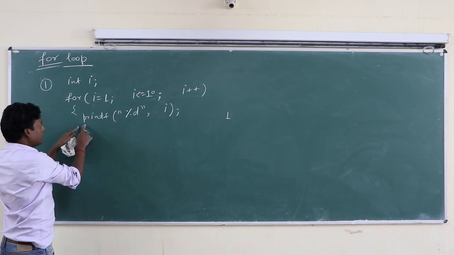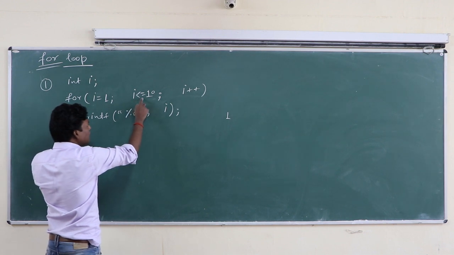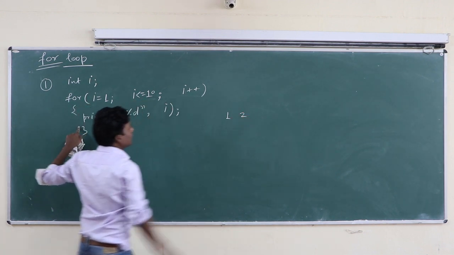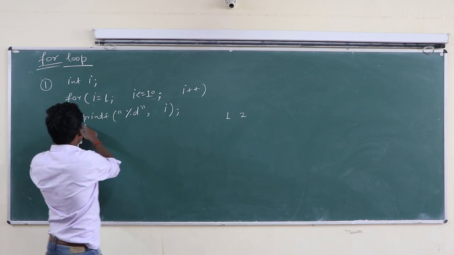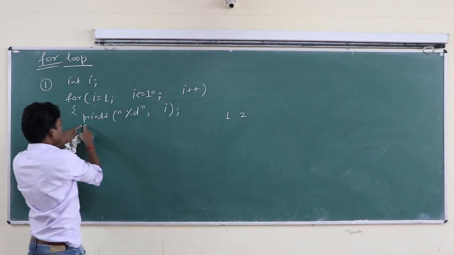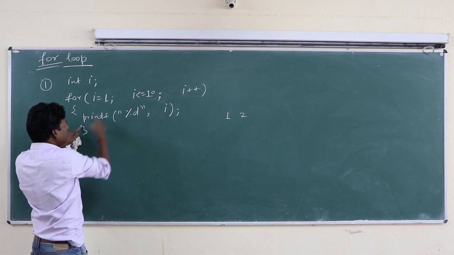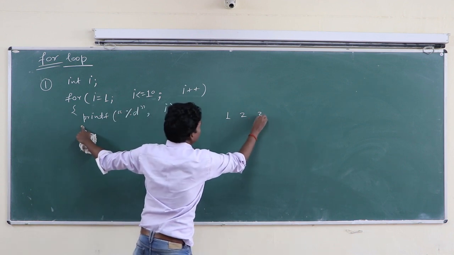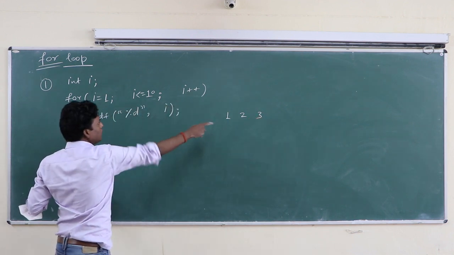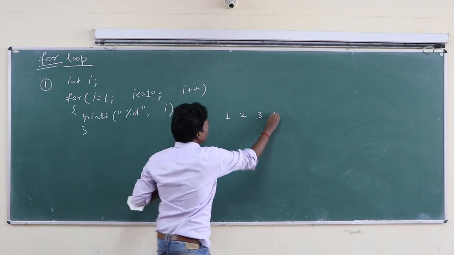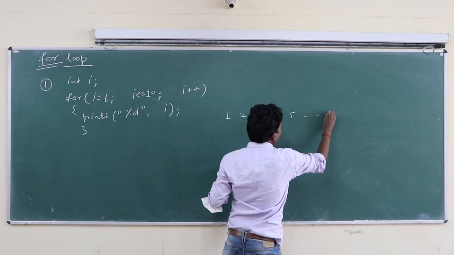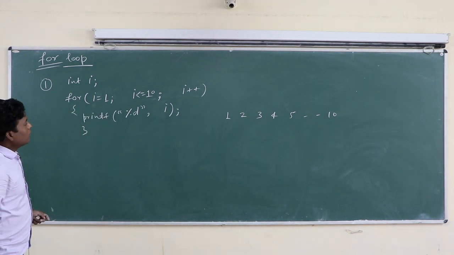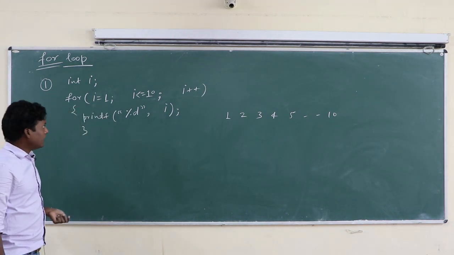Here I plus plus, I becomes 2, again check, 2 is less than or equal to 10, yes, %d I, now printf prints 2. Again I becomes 3 because I plus plus works at the end of the loop. 3 is less than or equal to 10, yes, so 3 will be printed. Now again for 4, 5, up to 10. So this is a program in which values are printed from 1 to 10.